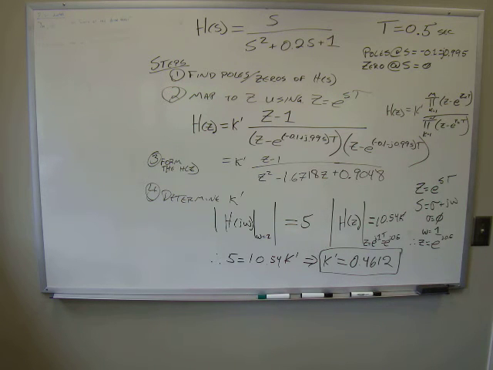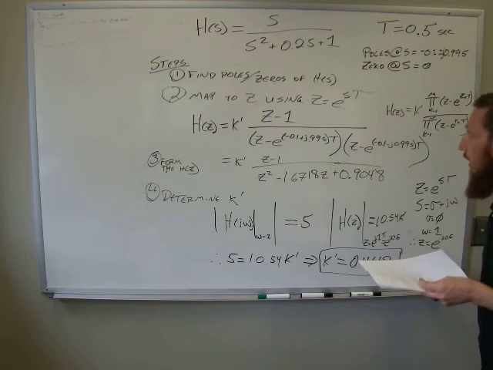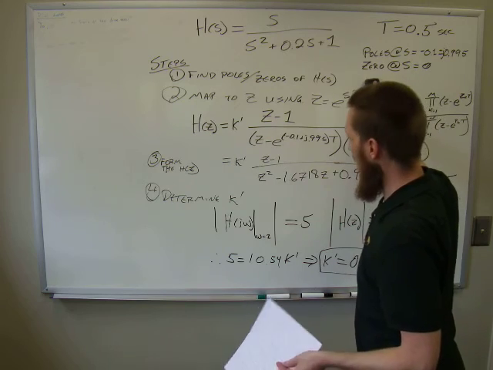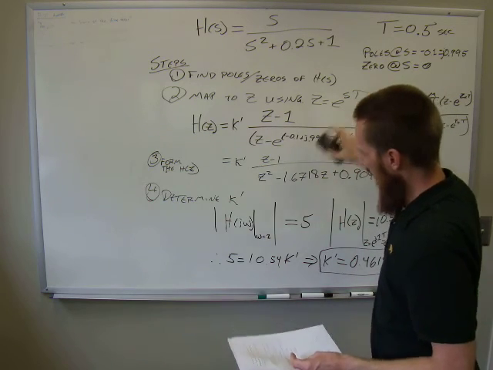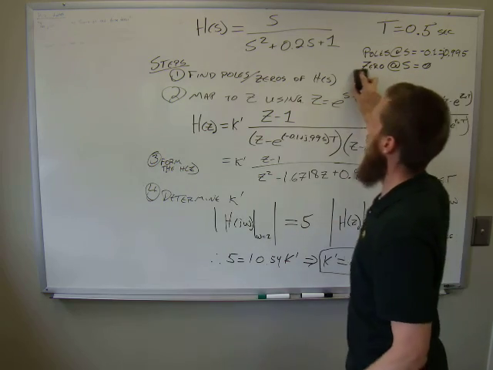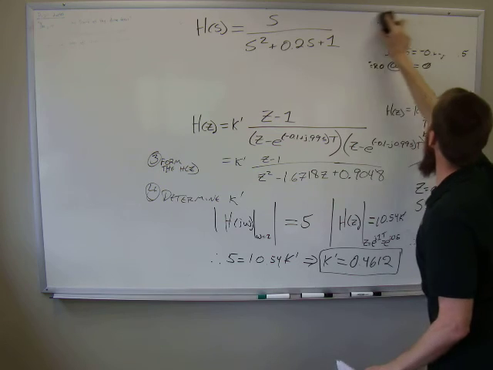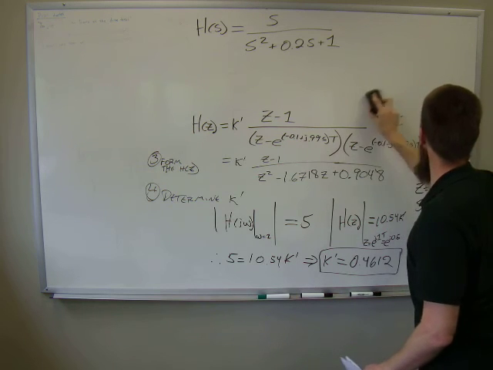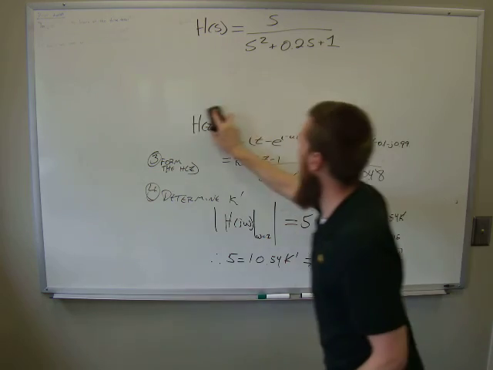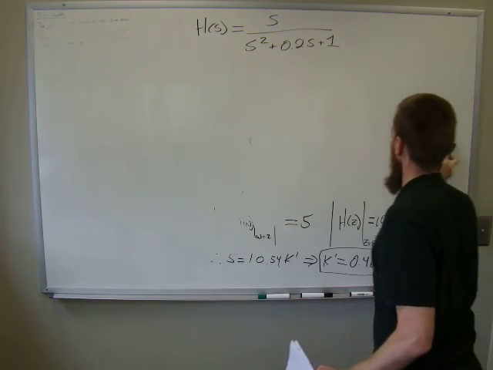Whew. All right. So, given all of this stuff, we can now relate this all the way back to the original transfer function in terms of now z. So I'm going to erase these steps. And I'm actually just going to write the h of z beside the original h of s.